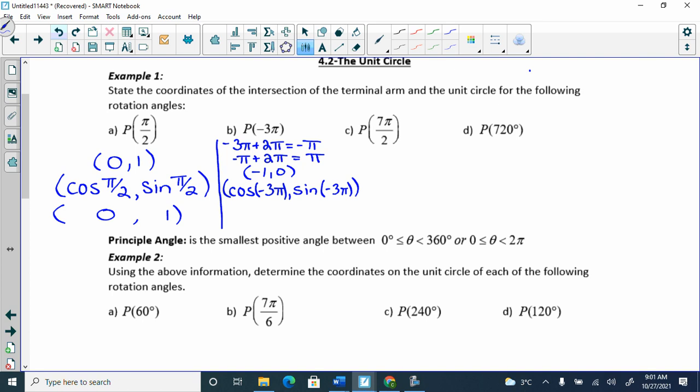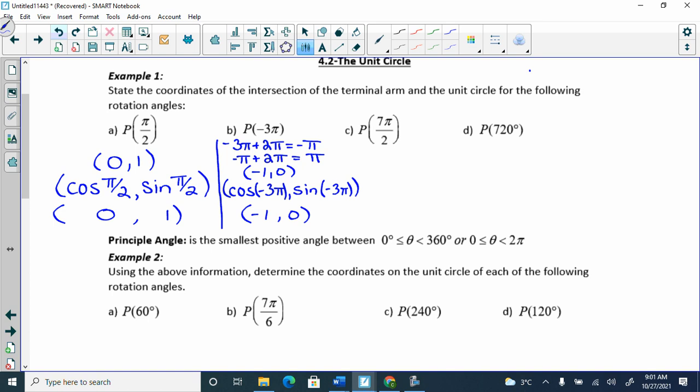The opposite. Radian. So type in cos of negative 3 pi into your calculators and sine of negative 3 pi. And you should get negative 1, comma, 0.